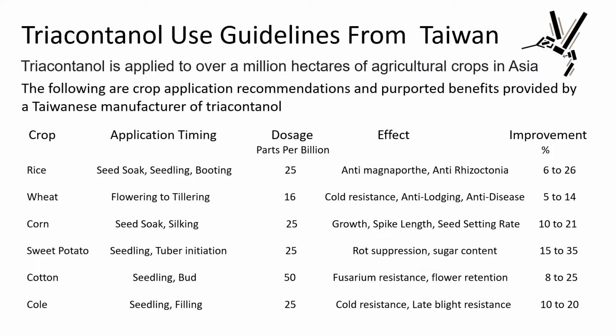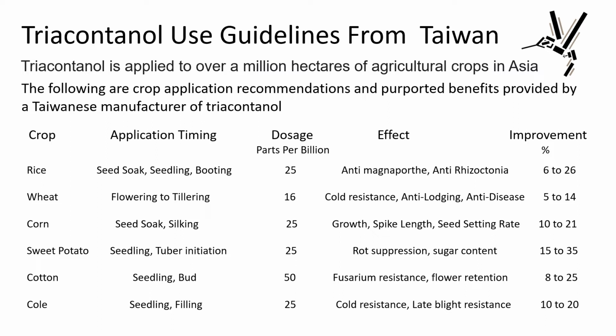And if you look at the different crops, there's an application timing on when they recommend applying it. There's their dosage, and their dosages are all pretty low, down in the lower parts per billion. And they show some disease suppression, some tolerance to cold and increased quality and that sort of thing.